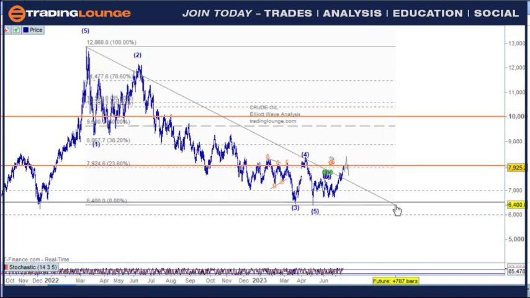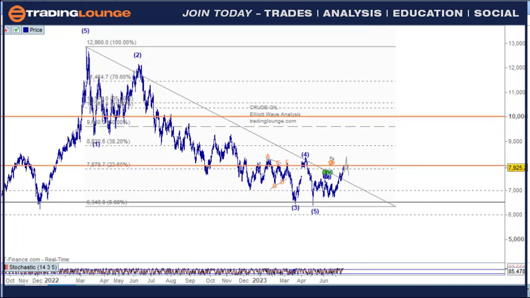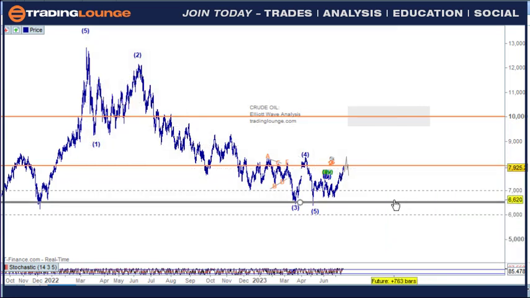So if I do this and then I put this over here, the 50-60% retracement level, this is where we could go to, because a trend has got a beginning, and then it's got the middle, and then it's got the ending process. And I feel like we're at the end of this.